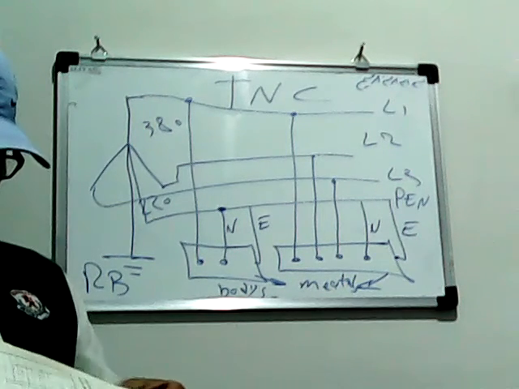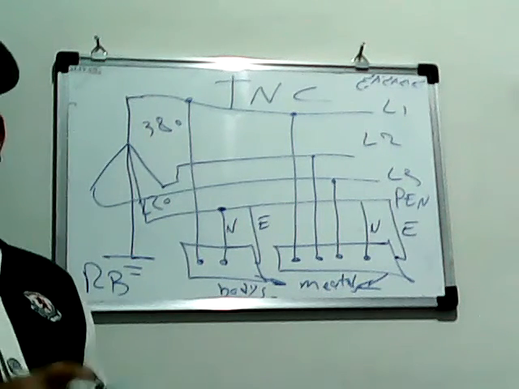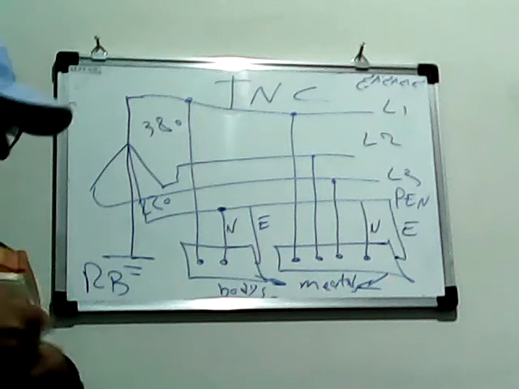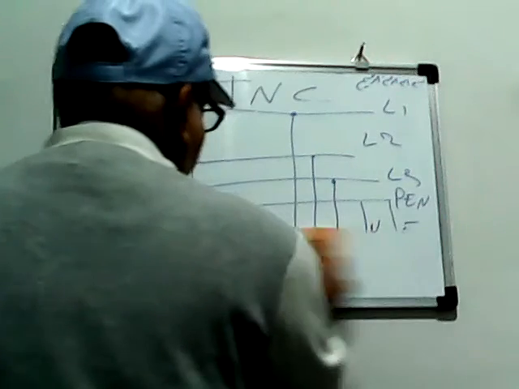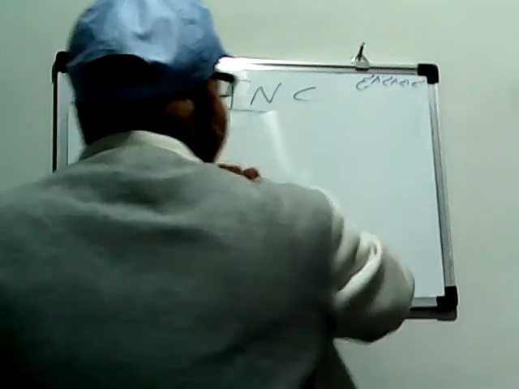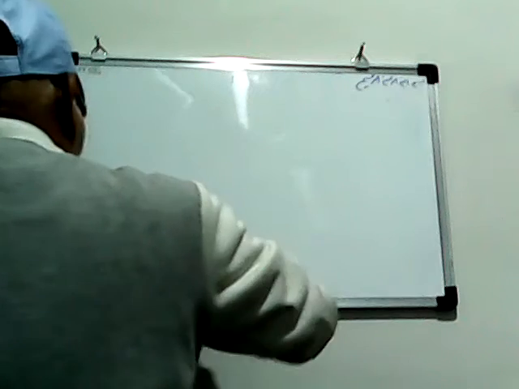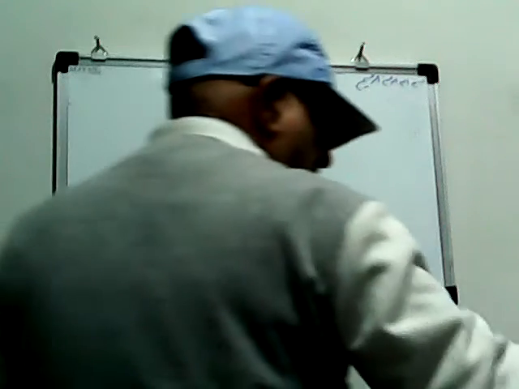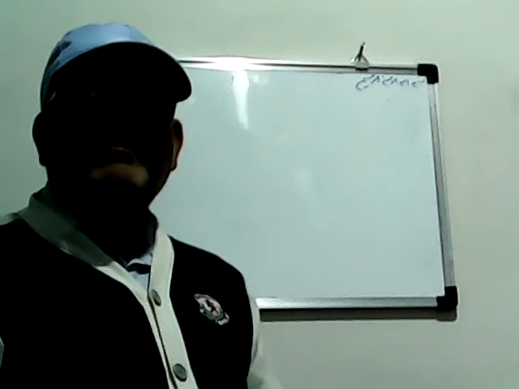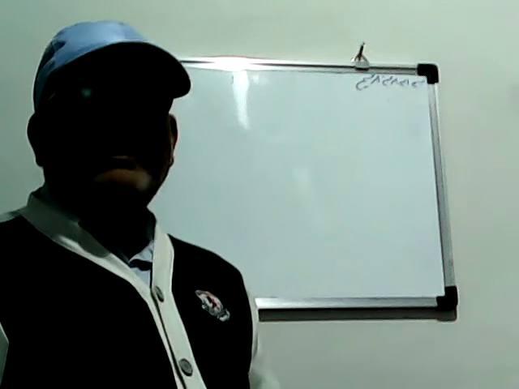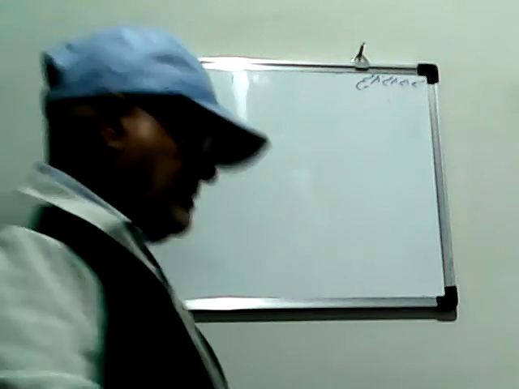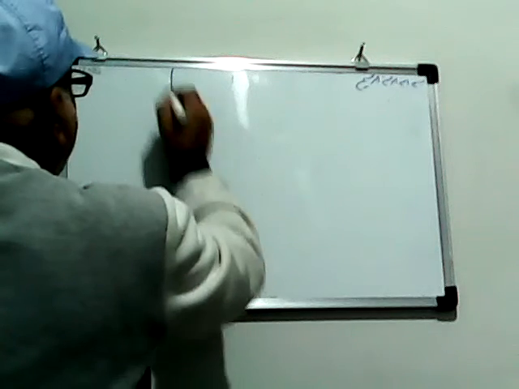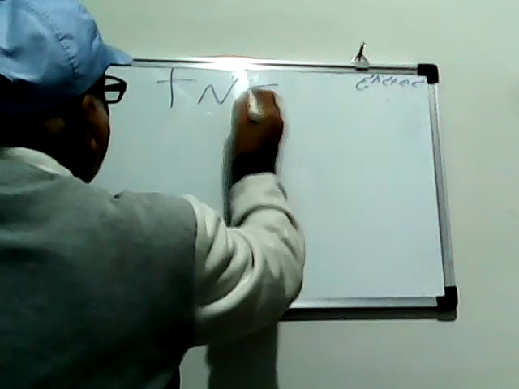Okay, after this we're going to describe TN-S, the other distribution system. This system is underground. The underground system is now favored and the most popular for distribution, compared with air distribution. Okay, TN-S.